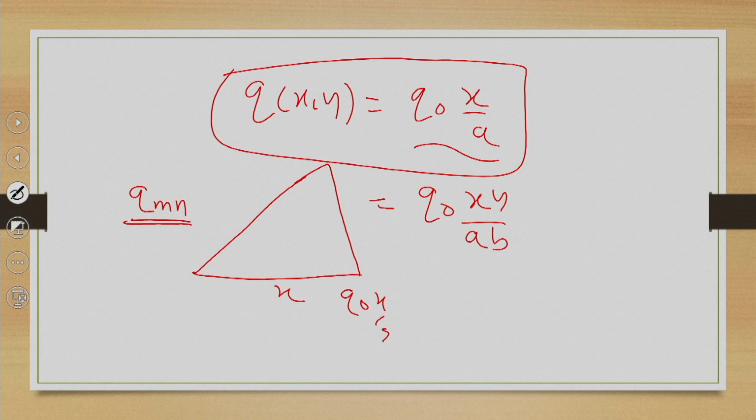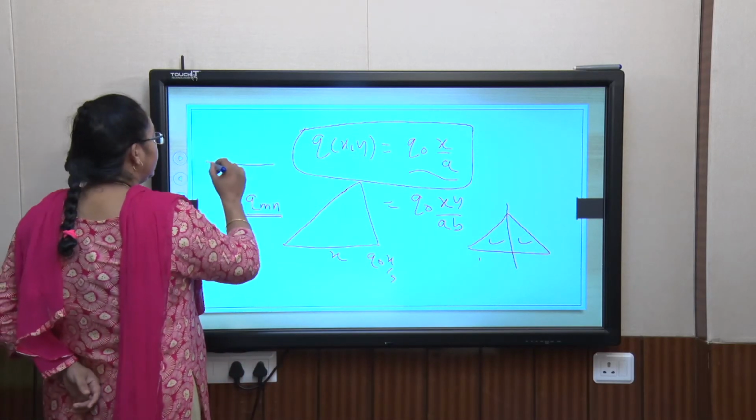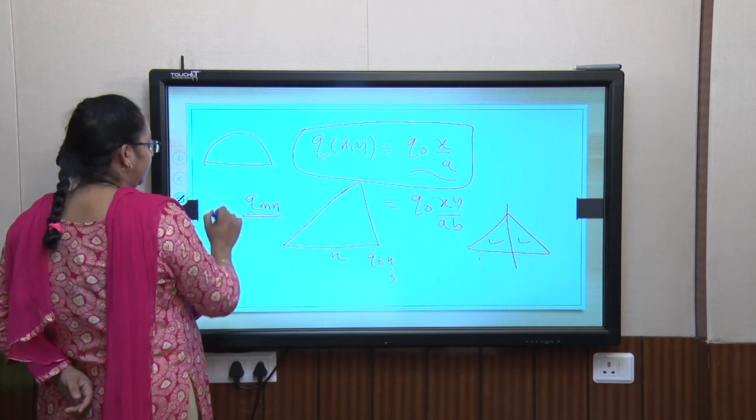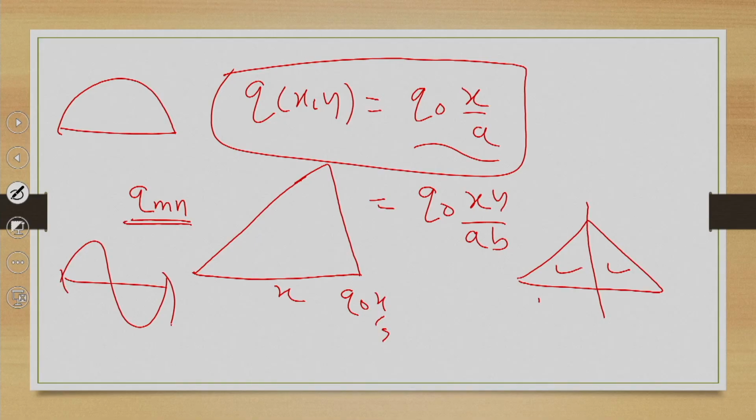But if you have a loading like this, a pyramid shape, then how to make this function? It will be a two-regime function, then combined together. One function will be valid up to here, another function will be valid up to here. But if you have a sine series, then you can assume it in terms of a sine series, or some polynomial functions for this case.